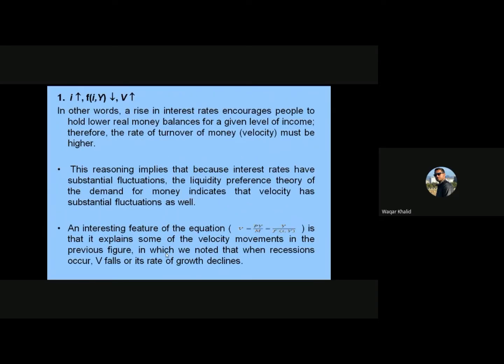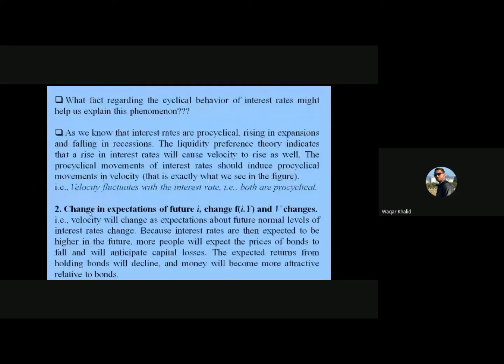Changes in expectations of future interest rates also change the demand for money and velocity. Velocity will change as expectations about the future normal level of interest rates change. If interest rates are expected to be higher in the future, more people will expect the prices of bonds to fall and will anticipate capital losses.